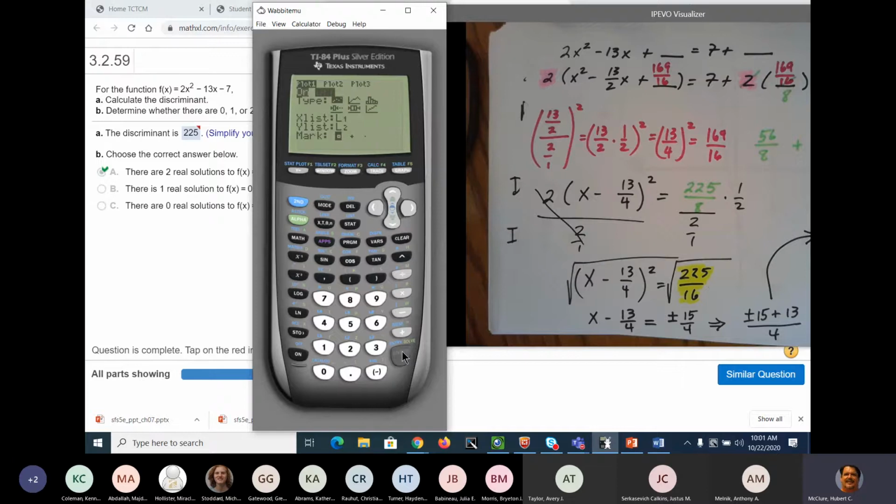Okay, so y is equal to 2x squared minus 13x minus 7.